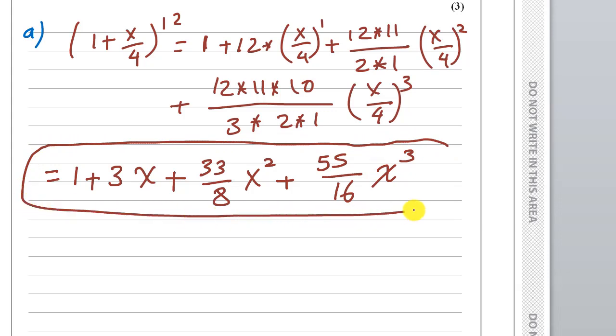And this is the answer of this part of the question.